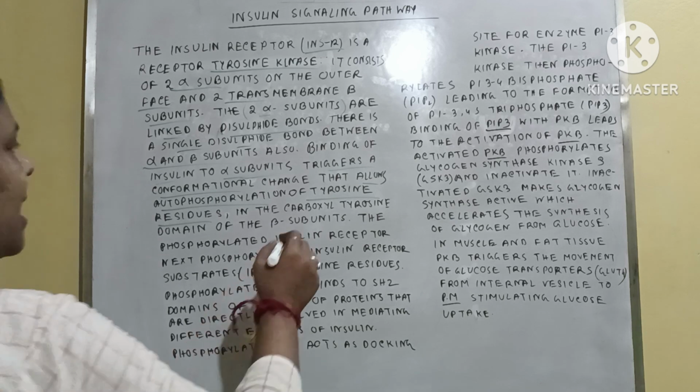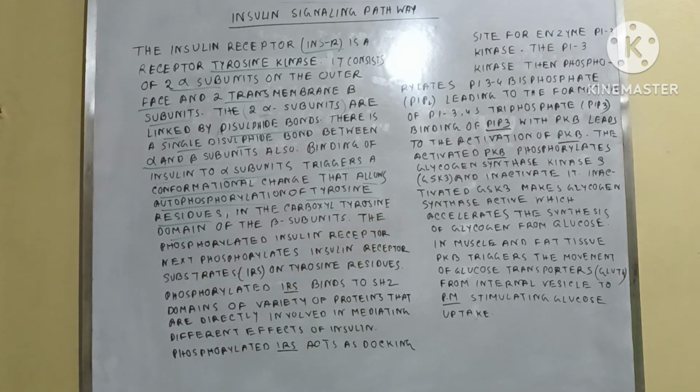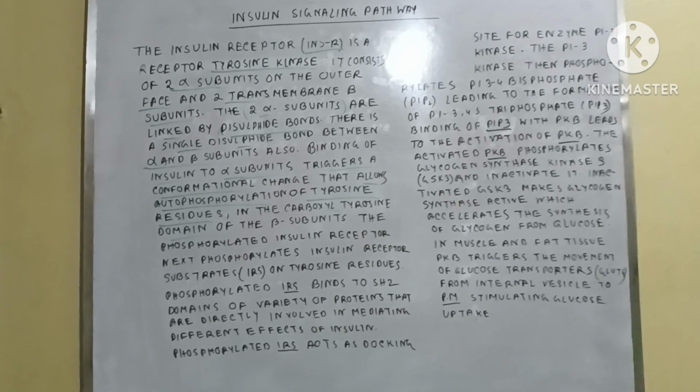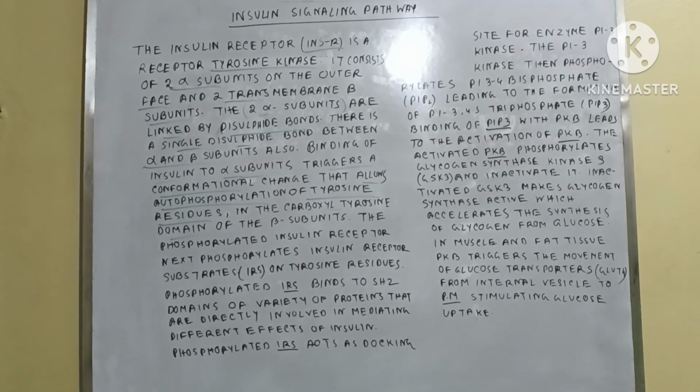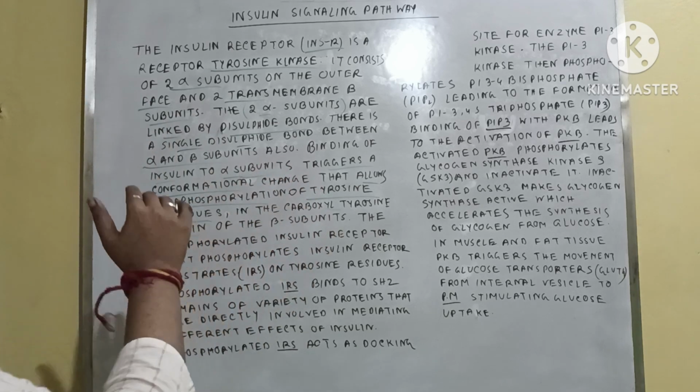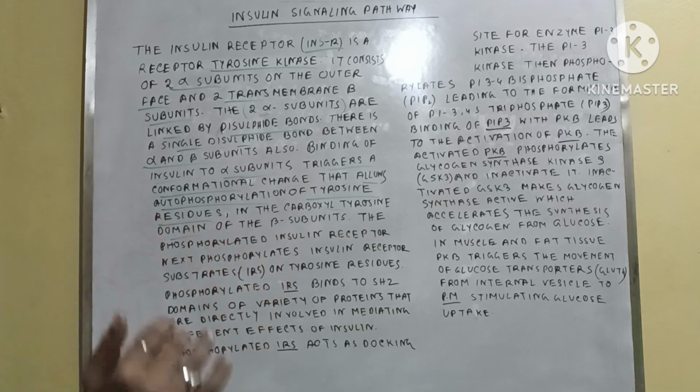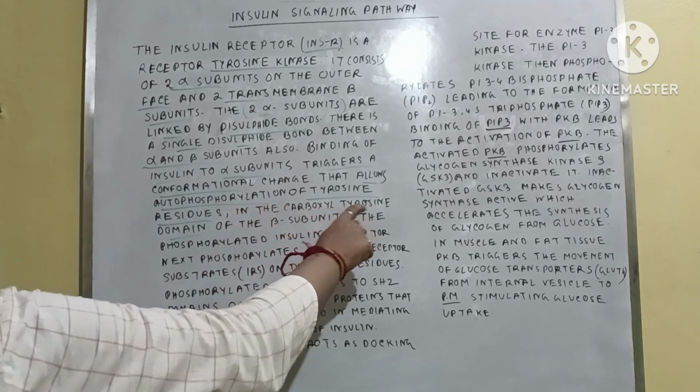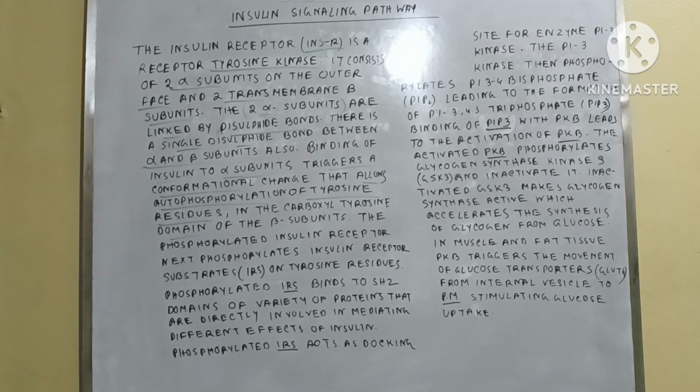And this happens in the carboxyl tyrosine domain. So when insulin binds with the alpha subunits, autophosphorylation of the tyrosines occurs, and these tyrosines are present in the carboxyl tyrosine domain of the beta subunits.